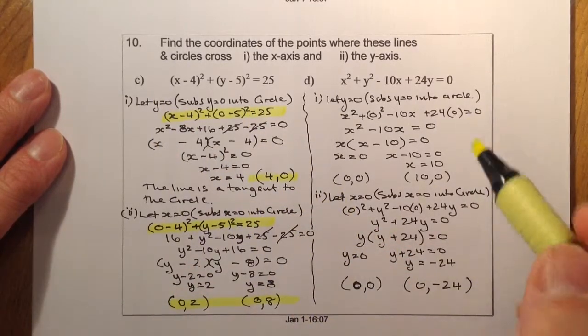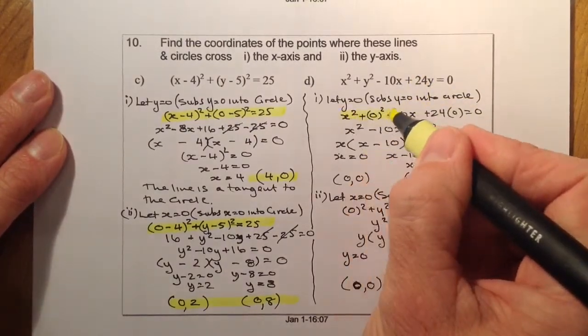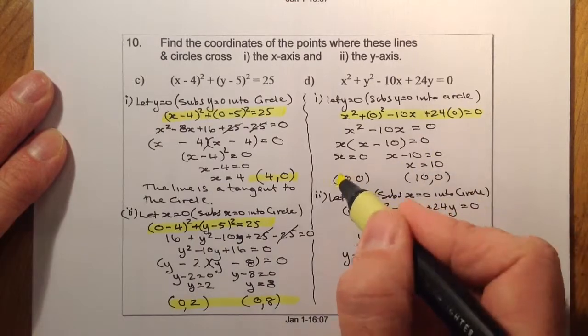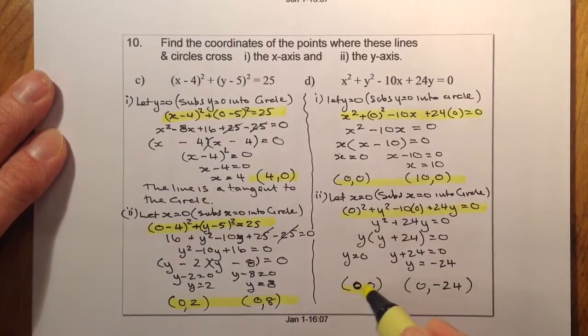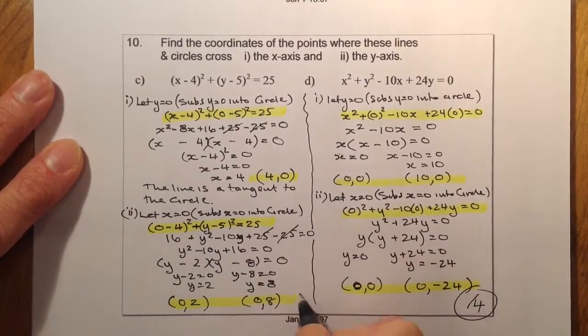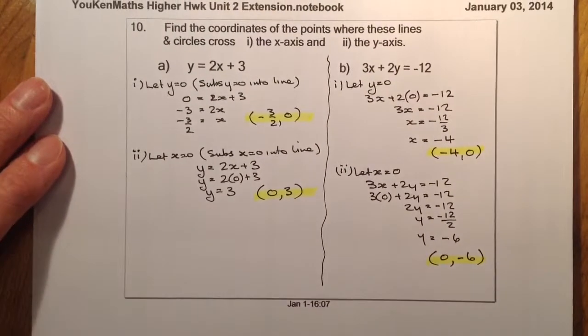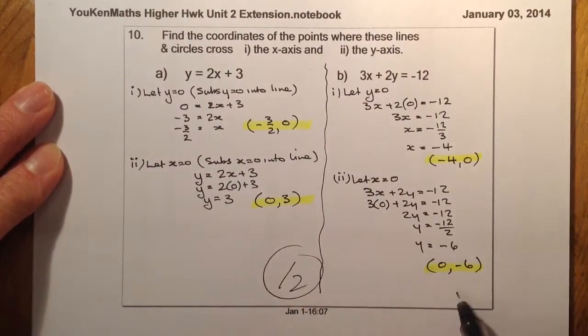For D, this one's out of 4, and if I look back up at the straight line questions that we've just done, these ones are just out of 2 each.